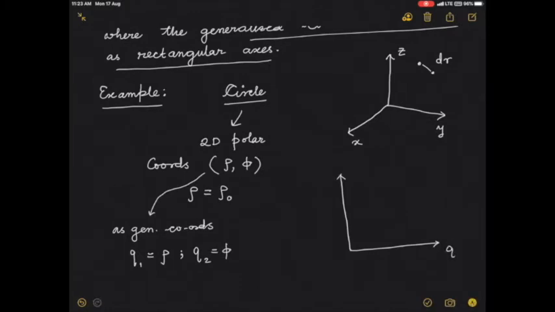So I have to plot rho here, which is nothing but q1, and phi here, which is nothing but q2. So how will a circle look here? It's rho equals constant, which means q1 equals rho 0. That's just a line at q1 equals rho 0. So you see immediately the curve looks different.